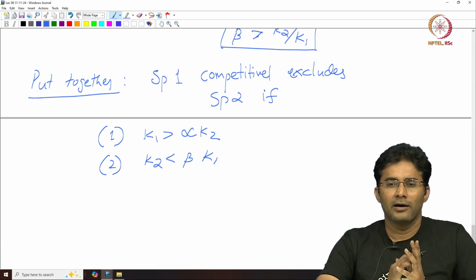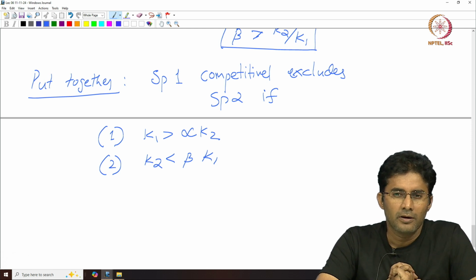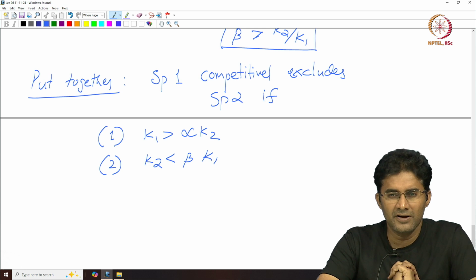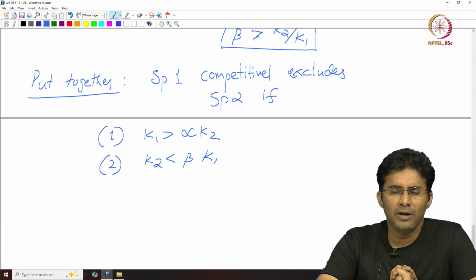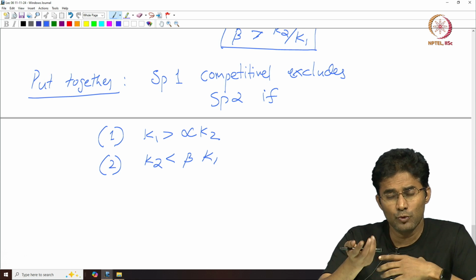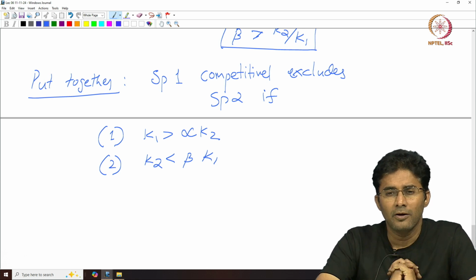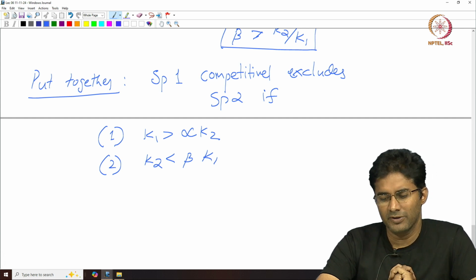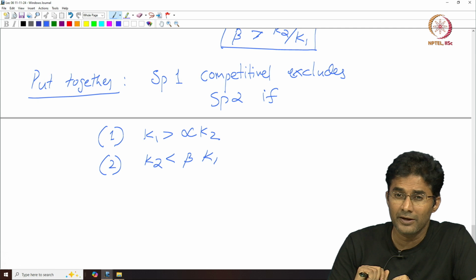One might ask, what is the point of this complicated mathematical modeling involving lots of equations? If you had asked me when we wrote down the equations for two species competition models, I could have probably said that whether species 1 beats species 2 or vice versa would depend only on alpha and beta.